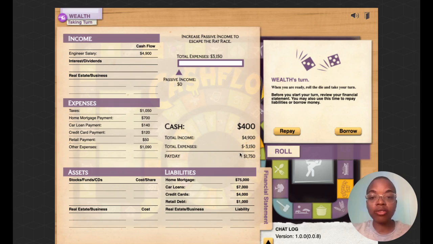So take home after my expenses is $1,750, right? And I just happen to have $400 cash on me. Paydays are every 2 weeks. So on the board, you'll see where I get paid once it passes the payday board mark.